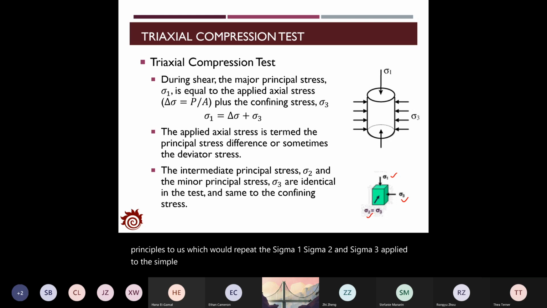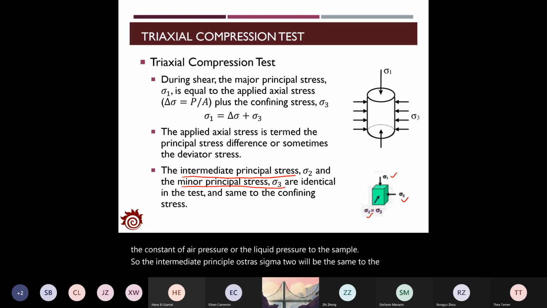Basically, as the sample is in the cylinder, and we apply a constant air pressure or liquid pressure to the sample, the intermediate principal stress sigma 2 will be the same as the minor principal stress sigma 3, and this is one good feature that we can utilize.